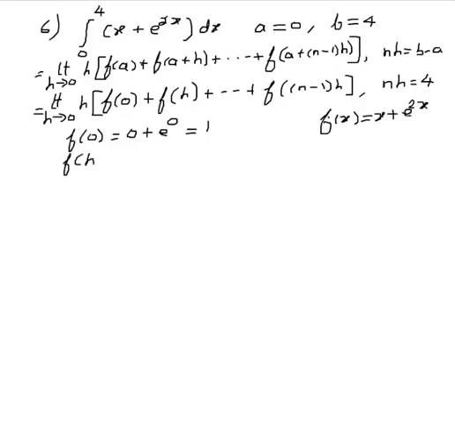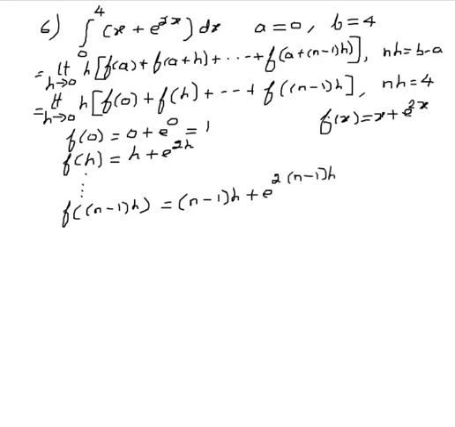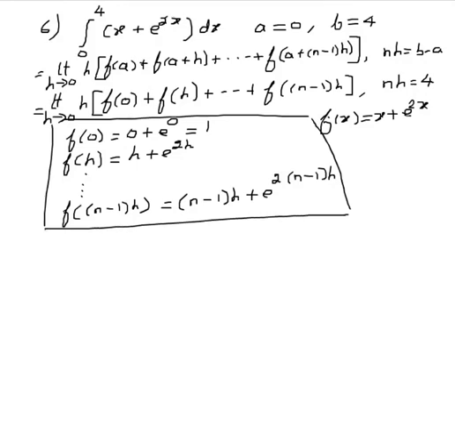And then the second expression, we have to find f of h. f of h will be h plus e power 2h, etc. f of n minus 1 times h will be n minus 1 h plus e power 2 times n minus 1 h. We have to add these expressions.